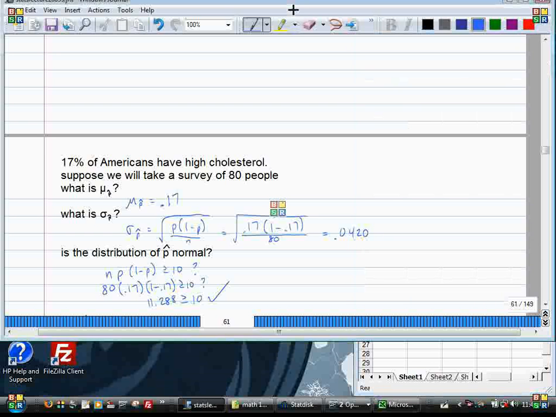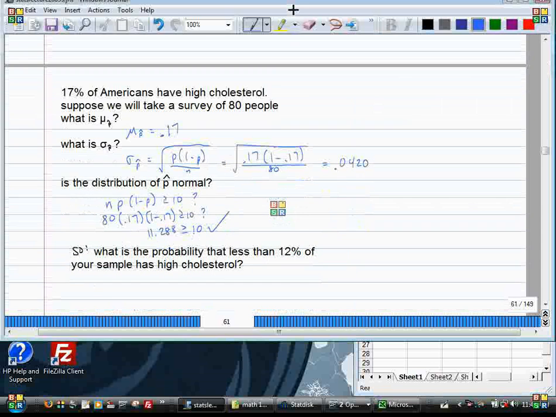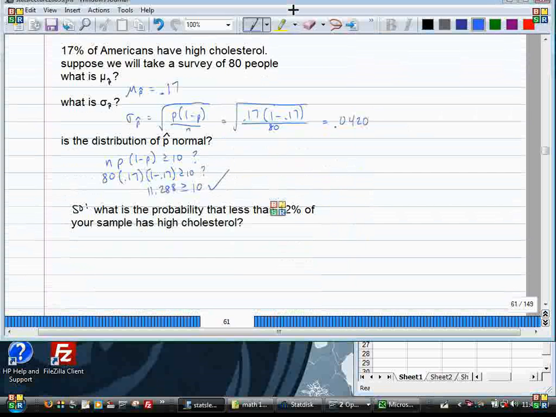So now that we've got these things in hand, what's the probability that less than 12% of your sample has high cholesterol? So first of all, let's write down in notation what this question is asking. How do we write this down in notation? Right.